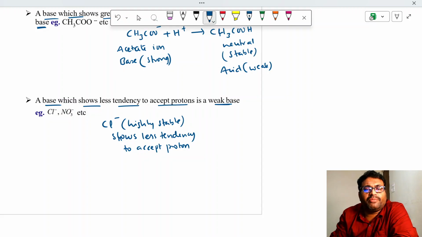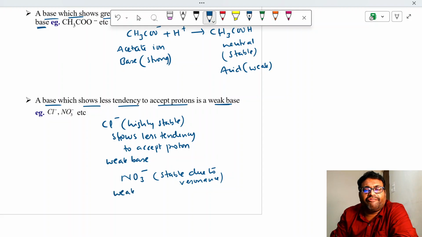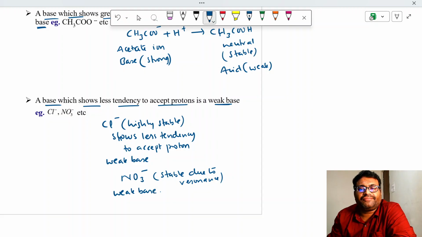So it will automatically be a weak base. In the same way, NO3 minus is also stable due to resonance. So automatically it is also a weak base, right?